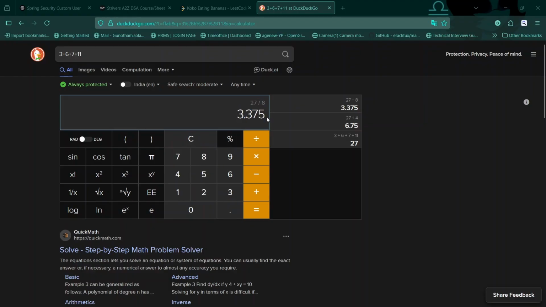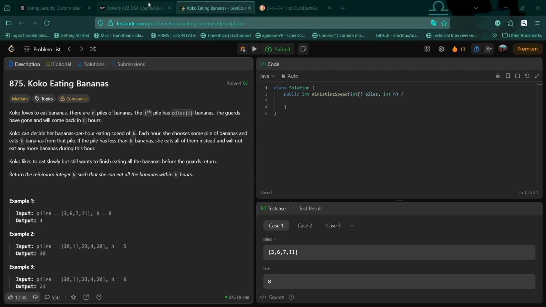So in 4 hours, it should be 4, where you can eat 4 or more bananas.